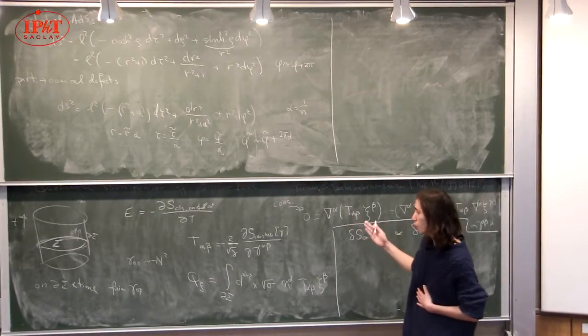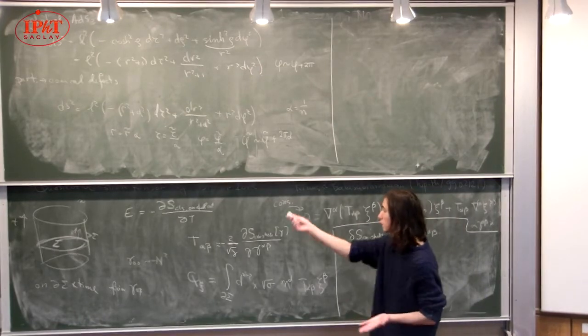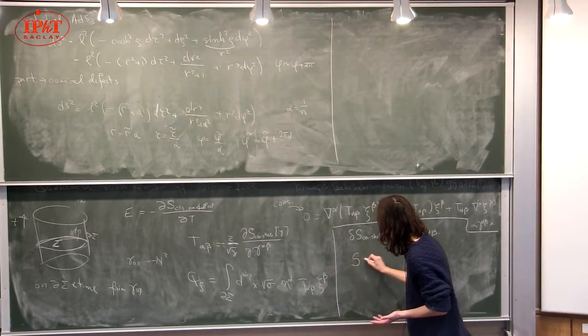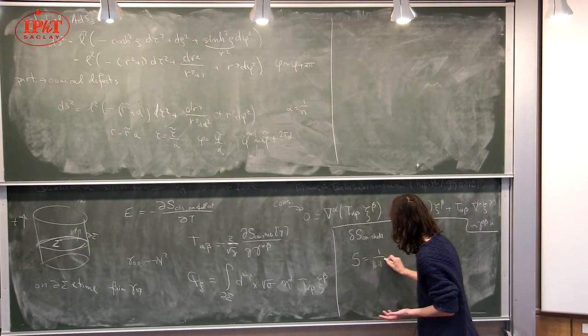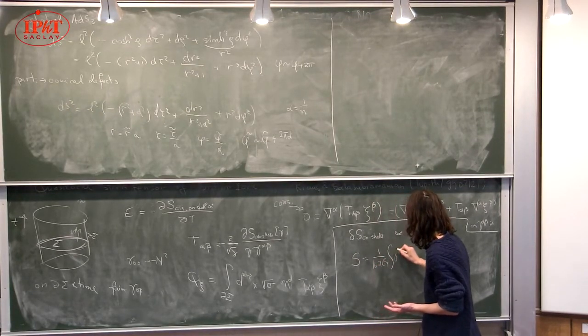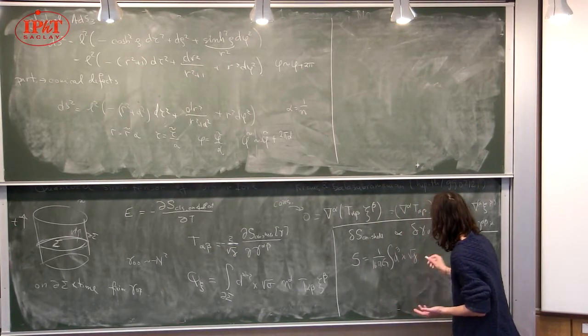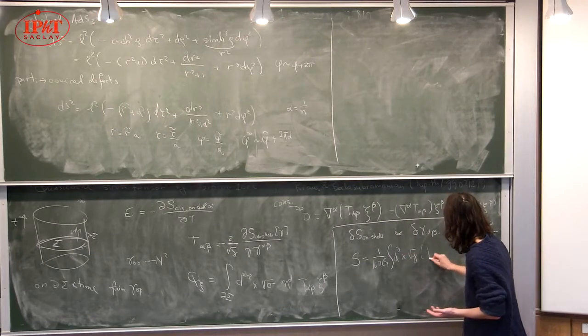So they want to compute the on-shell action. We just have Einstein gravity in the bulk, so S is 1 over 16 pi G integral of R plus... This works in any dimension actually, so you can put d here if you want.